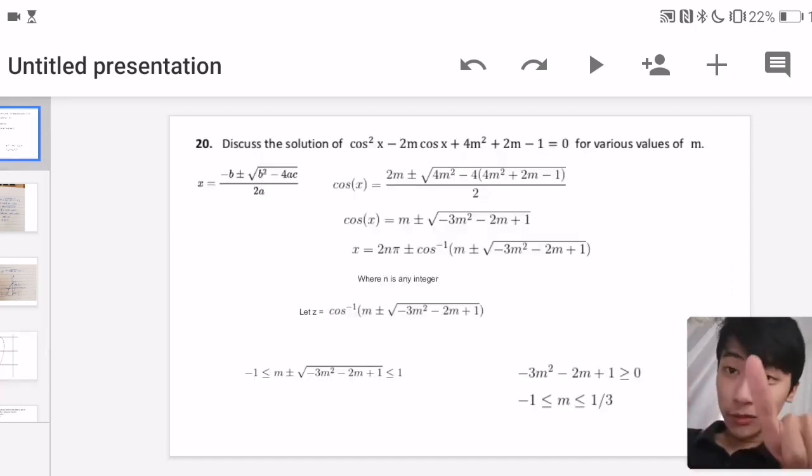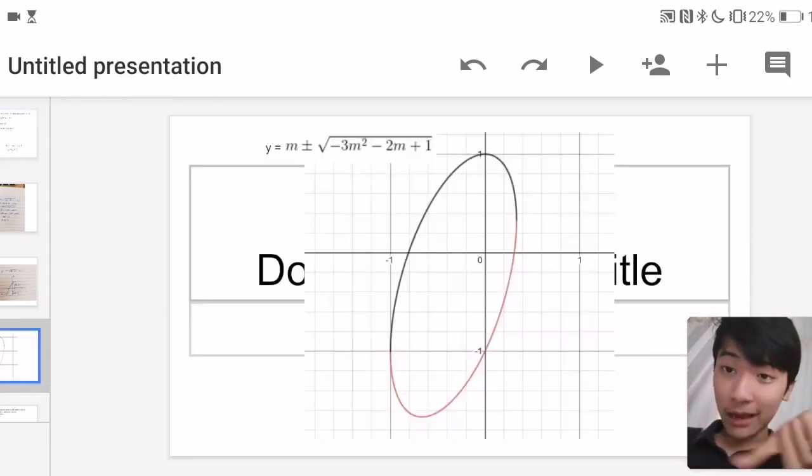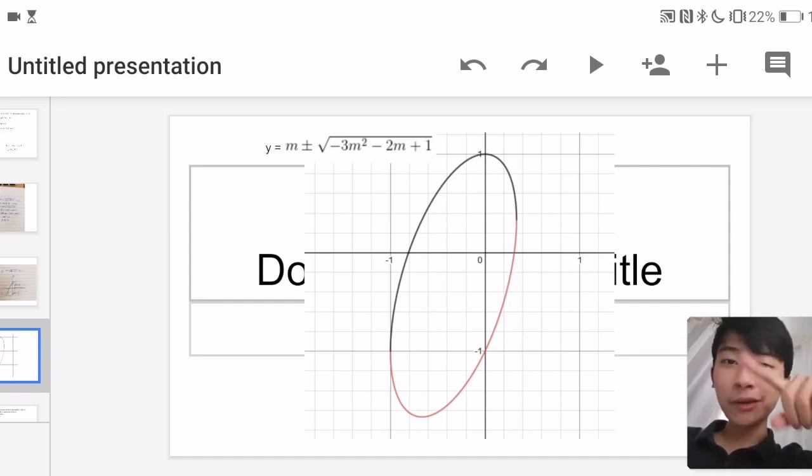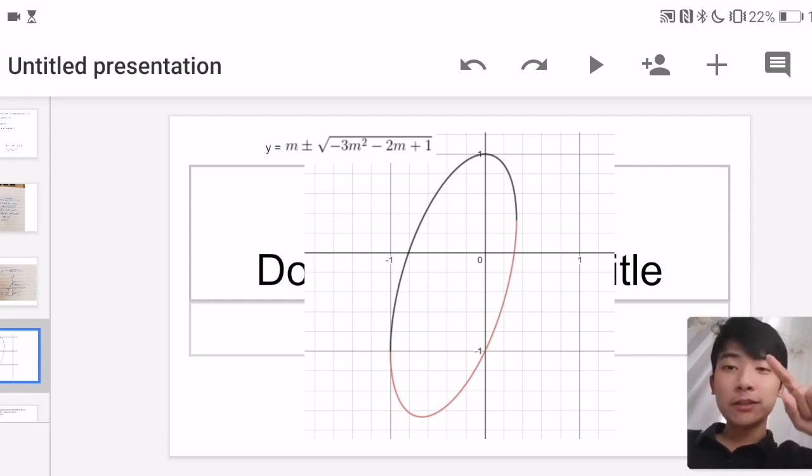So, as we mentioned on the first slide, for z to have a solution, this thing has to be between 1 and -1, or in this case, y has to be between -1 and 1, right? So, let's start. At m equals 1/3, right?